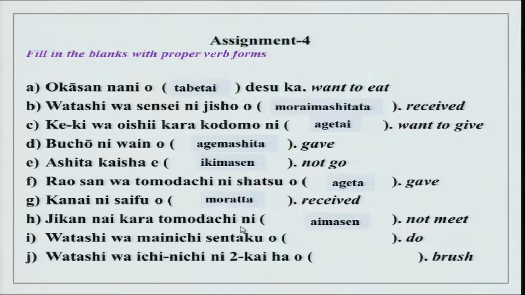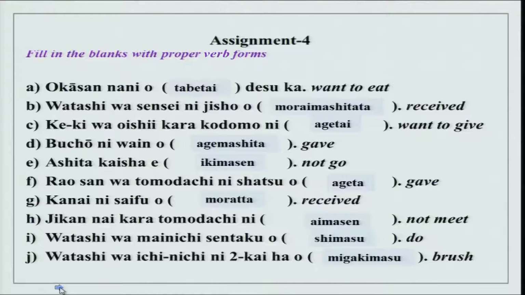Watashi wa mainichi sentaku o shimasu. Sentaku is washing. Watashi wa ichinichi ni 2 kai ha o migakimasu. Migakimasu means to brush or to polish.